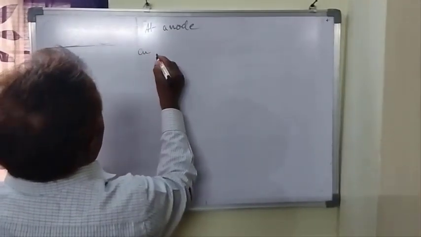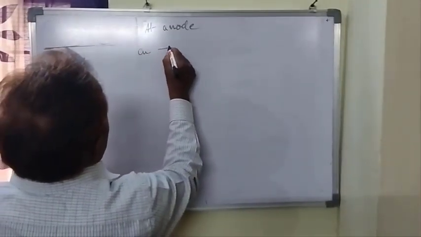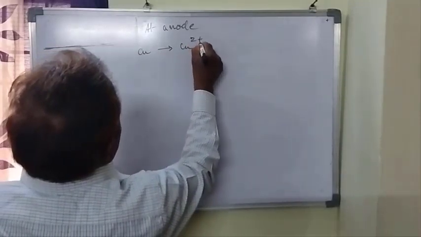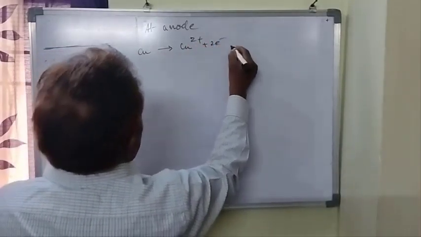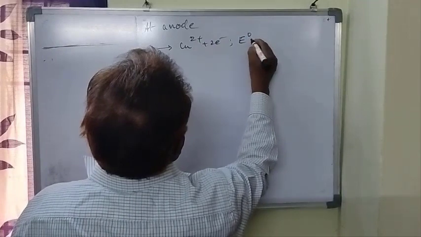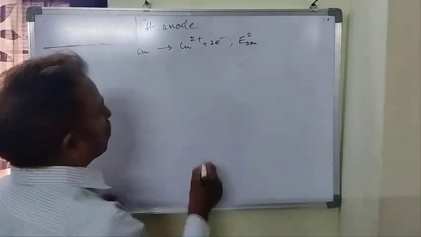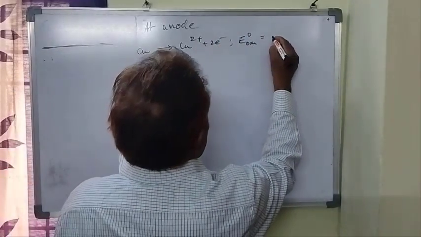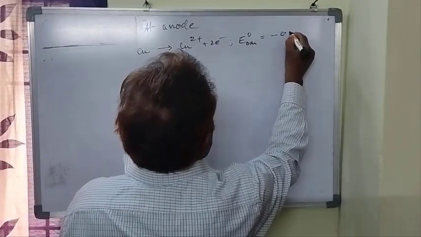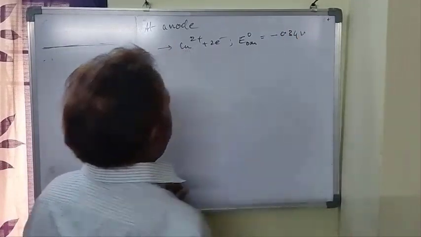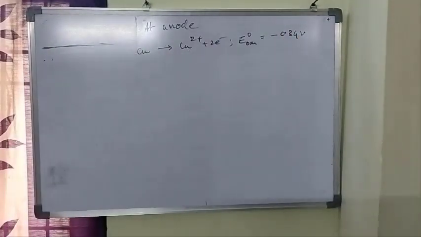Therefore, Cu solid gives Cu2+ plus 2 electrons. Since oxidation takes place, we write the oxidation potential as minus 0.34 V. So this is one possible reaction.